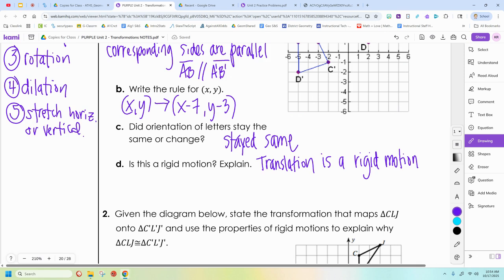And then I would probably put because corresponding sides and angles are congruent.